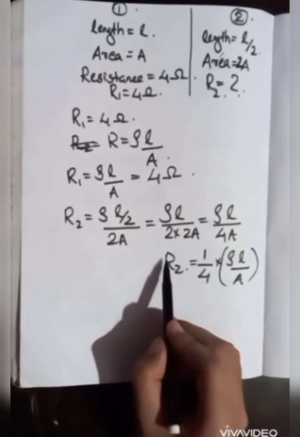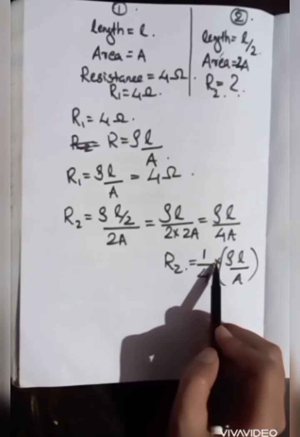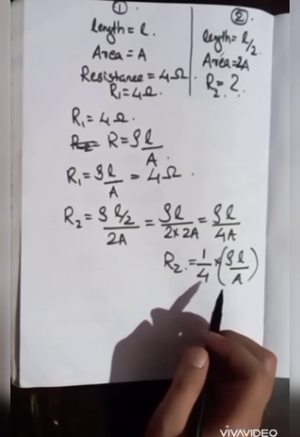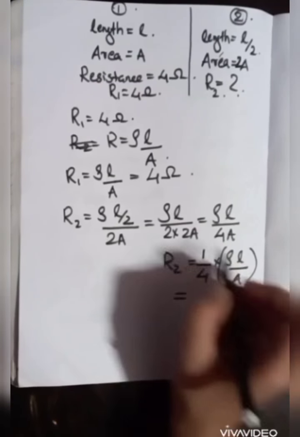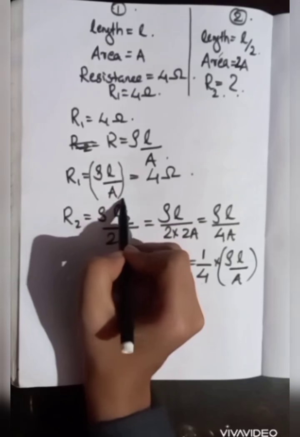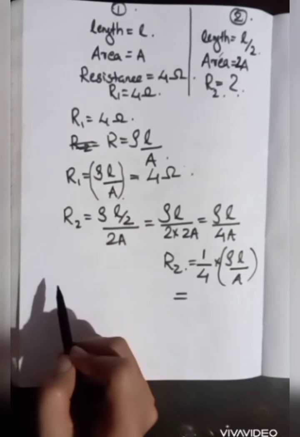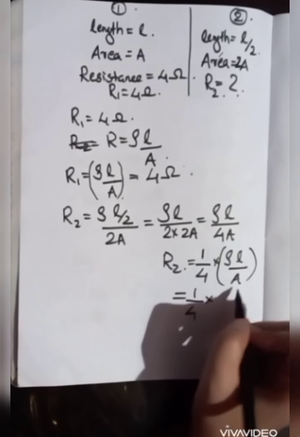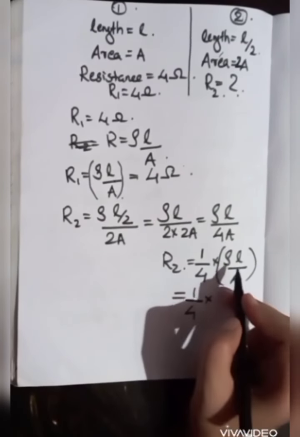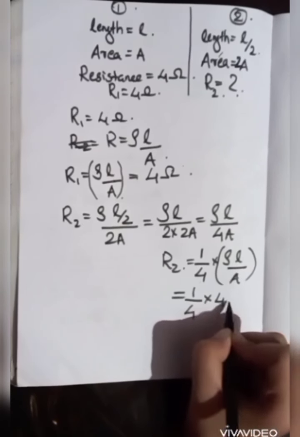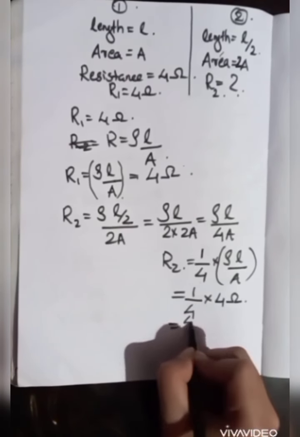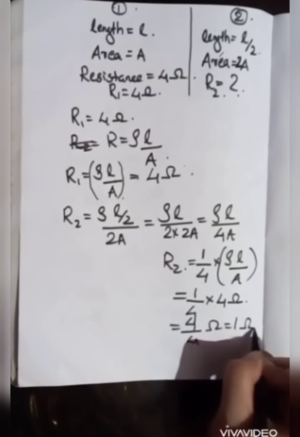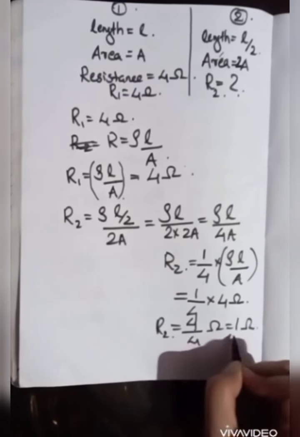Since rho into L by A is 4 ohm, 1 by 4 into 4 ohm is 4 by 4, that is 1 ohm. So R2 is equal to 1 ohm.